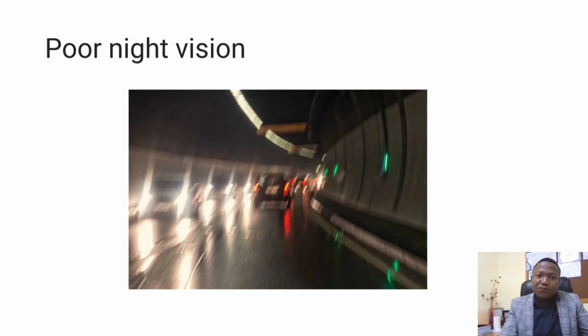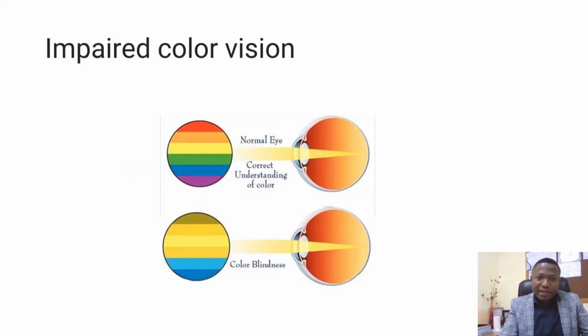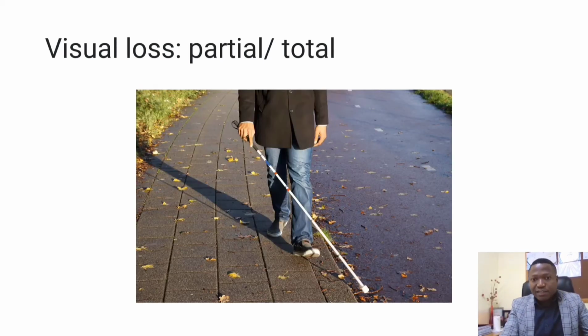The third symptom is poor night vision, where it can even be dangerous for one to drive at night. The other symptom is impaired color vision, where it is difficult to differentiate colors. The last symptom or sign is vision loss, which can be partial or total loss of vision.